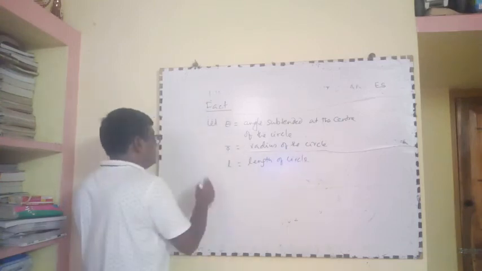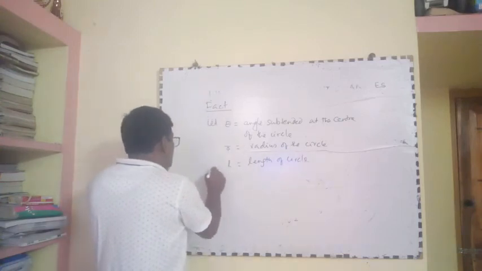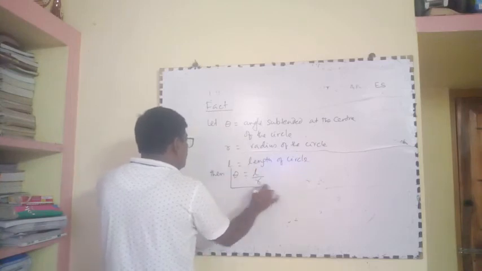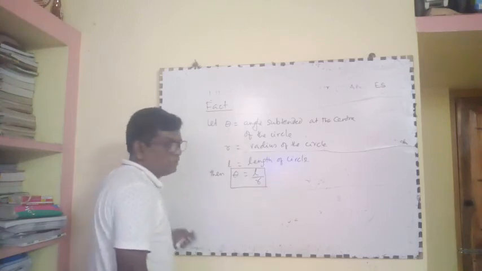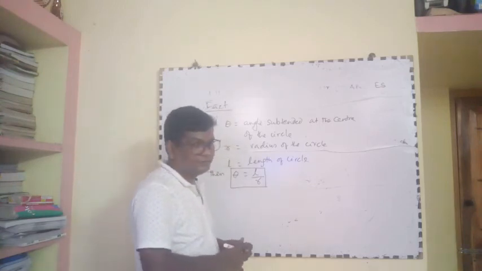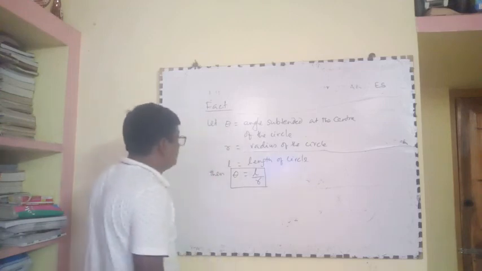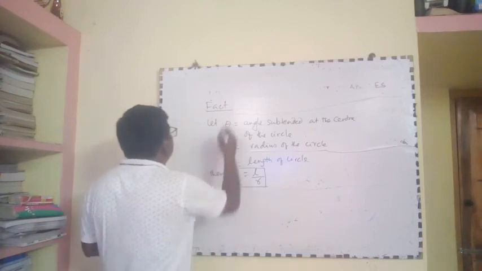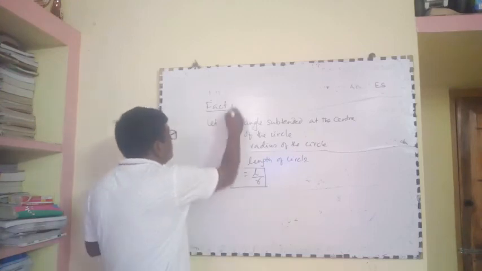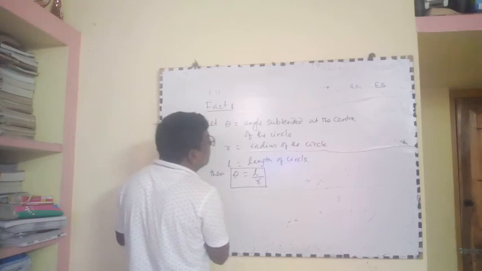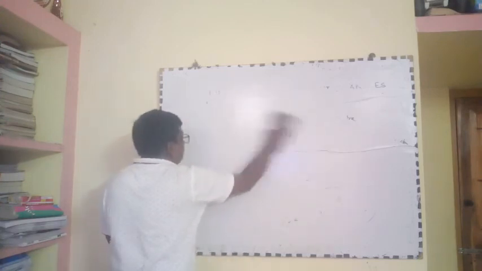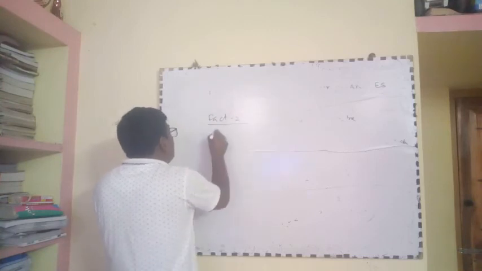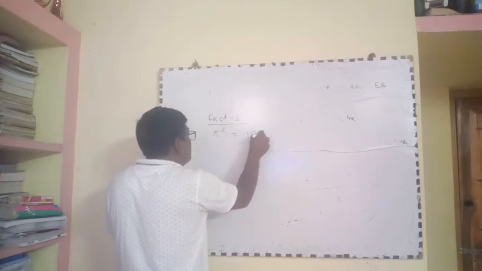Then one relation: theta is equal to L by R. This is the relation between L and theta. Fact number 2: pi radian is equal to 180 degree.